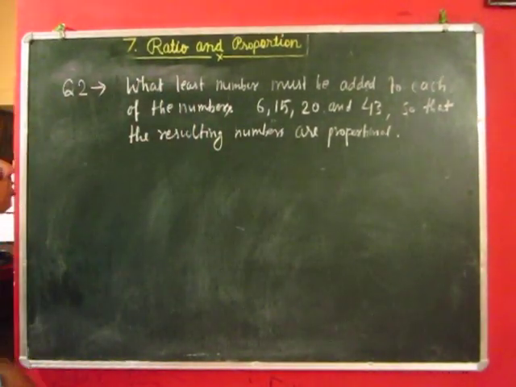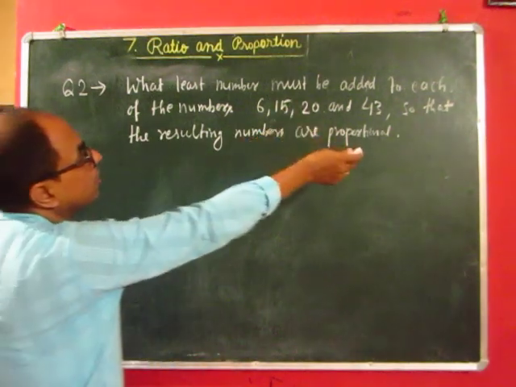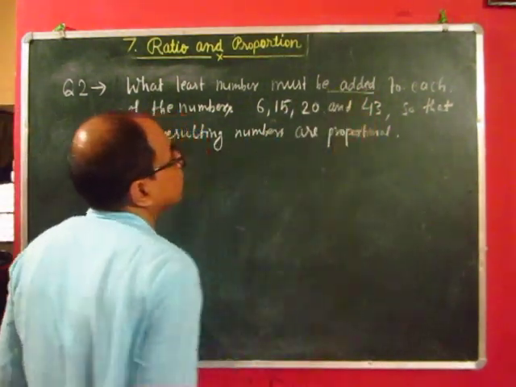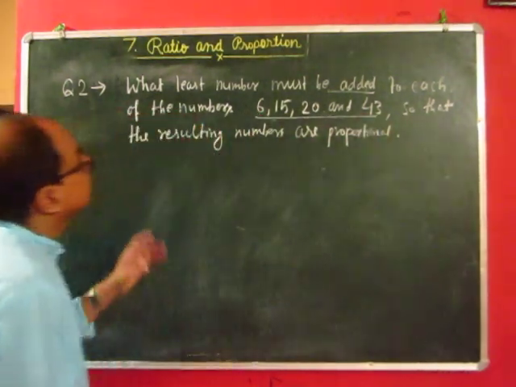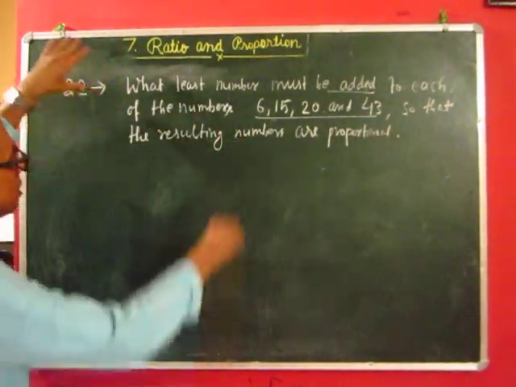So we have to solve this question. What least number must be added to each of these numbers so that resulting numbers are proportional?